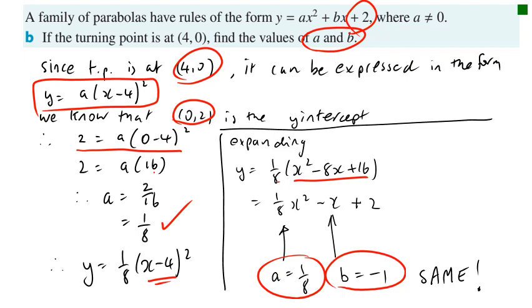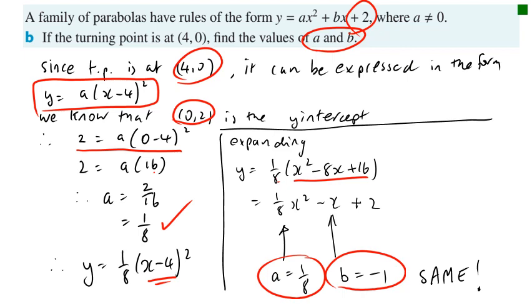But it's not quite what we're after, because we wanted to get what a and b are equal to, so we actually need to expand our expression, and that's what's happening here. I'm going to expand x minus 4 all squared, then I'm going to multiply through by the 1/8, and that's what I'm doing. So 1/8 times the x squared just equals 1/8 x squared. 1/8 and that 8 there cancels down to leave you with minus x, and then 1/8 times 16 is equal to 2, and so we've got our expression that we had before.